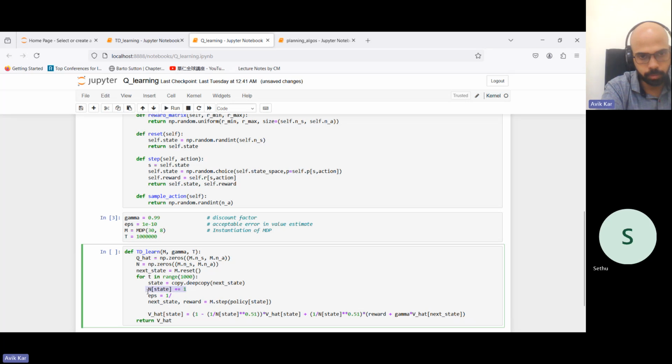So we are not counting how many times a state-action pair is visited. Okay, let's count both.